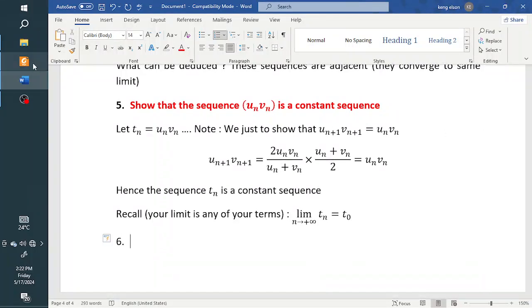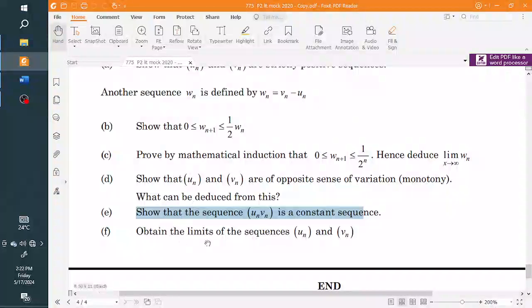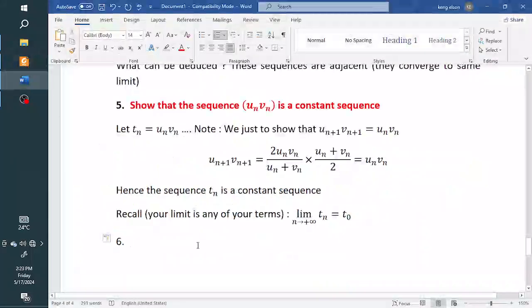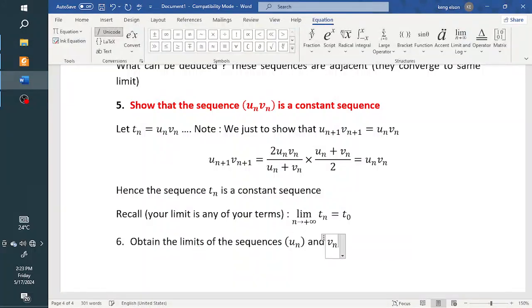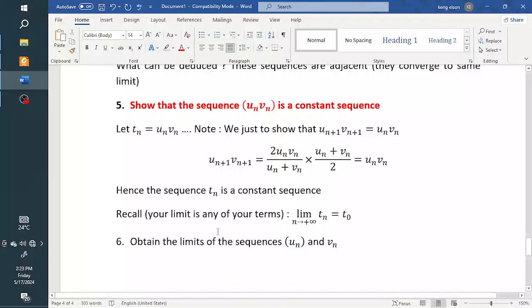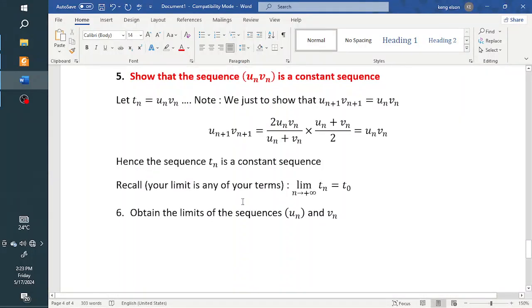Let's go to question 6. Obtain the limit of the sequences un and vn. Okay, so how do I obtain the limits of those sequences? First of all, we know that they converge to the same limit, because they are adjacent.